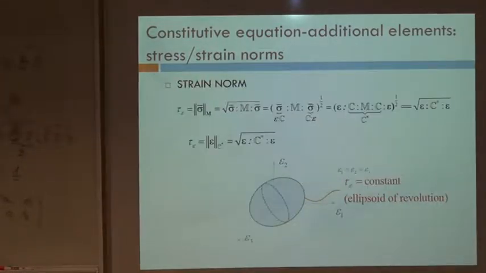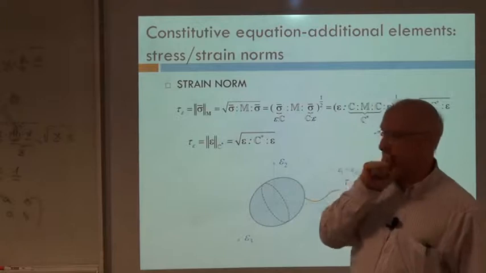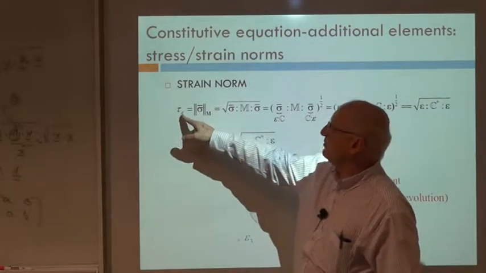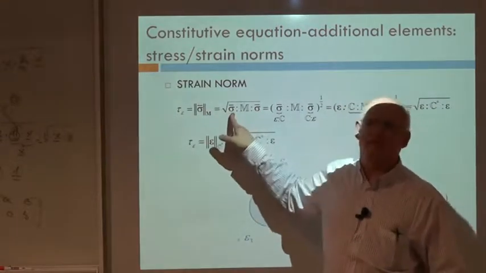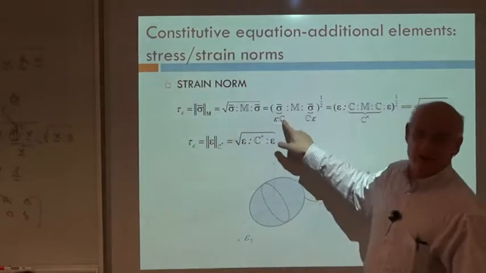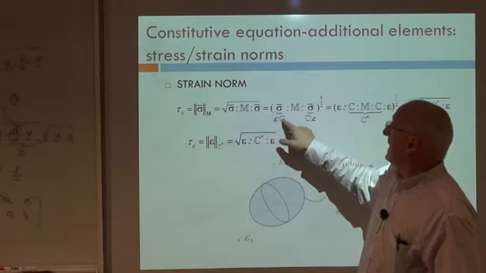Okay. We can then talk about strain norms. So now the strain norms will be taken in that way. We'll define the strain norm as the norm of the effective stresses. Look, the effective stresses depend on the strains. Why? Because they are defined as C times epsilon.